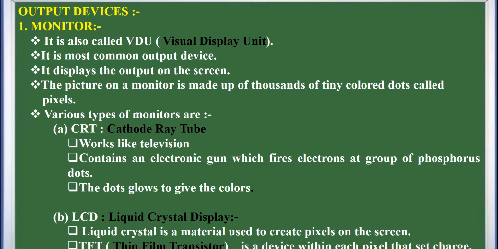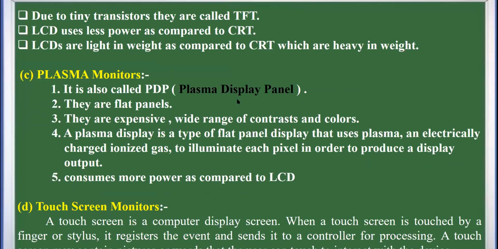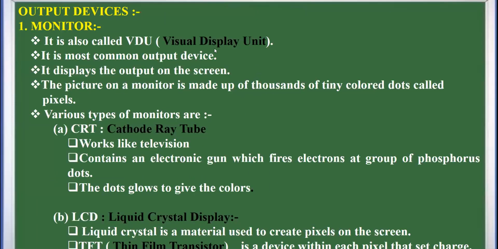And our main and basic output device is monitor. Monitor has a second name also, VDU. VDU is known as Visual Display Unit. This is another name of monitor. All right.